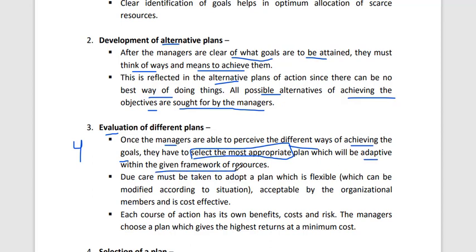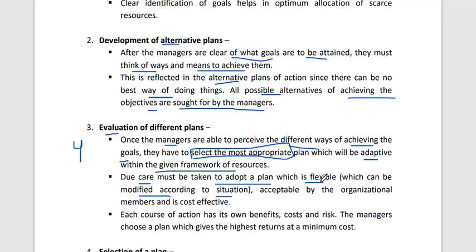What are the resources we have, what money we have, what workers we have. And due care must be taken to adopt a plan which is flexible, which can be modified according to the situation. Flexible means we can modify it as time passes. After 1 month, let's say, we may have to choose a different path.